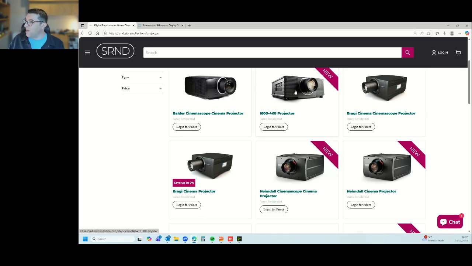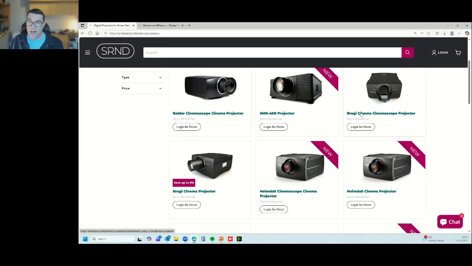The kind of same size model is the Bragi, and the Bragi makes absolutely no compromises on contrast and color, but it is much less light output, 2000 lumens roughly.